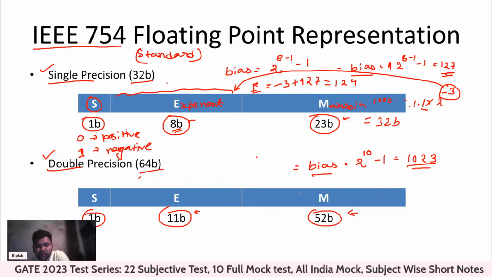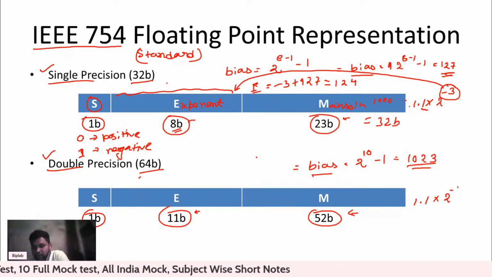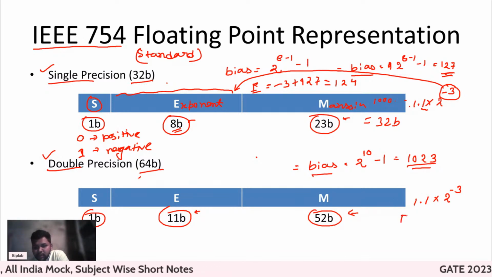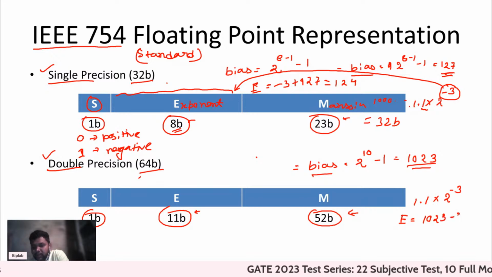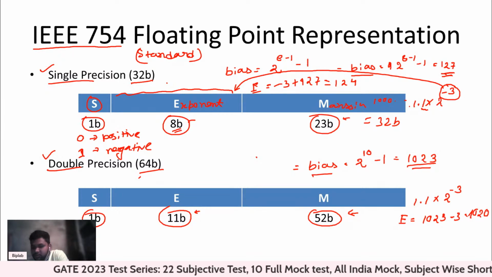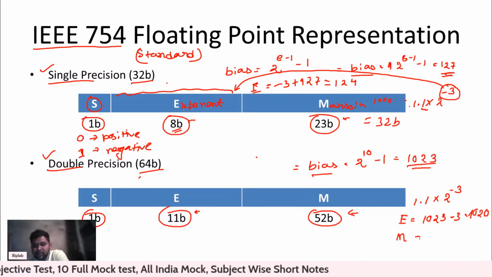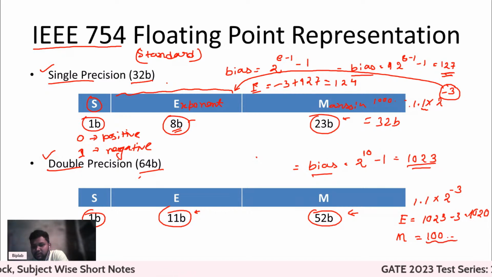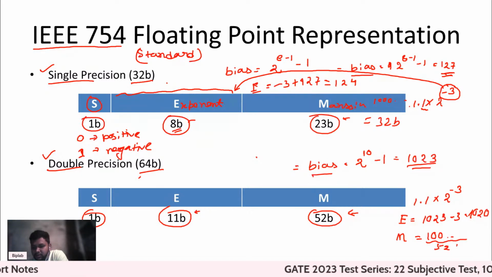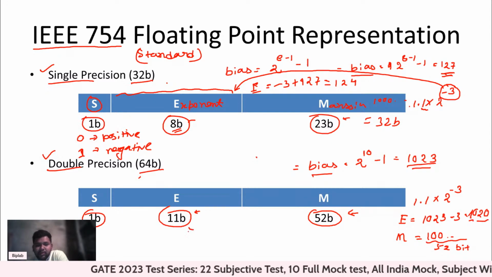The same way in double precision, for 1.1 into 2 to the power minus 3, your exponent will be 1023 minus 3, that is 1020, and your mantissa will be 1 followed by all zeros, a total of 52 bits, and 1020 will be represented in 11 bits.